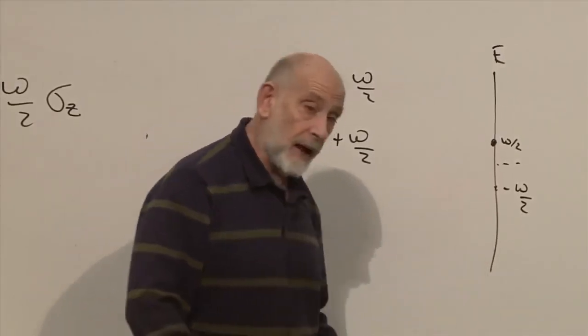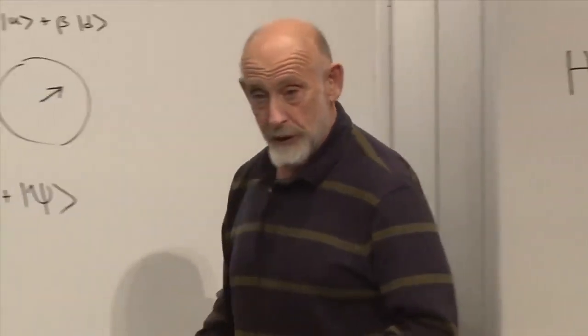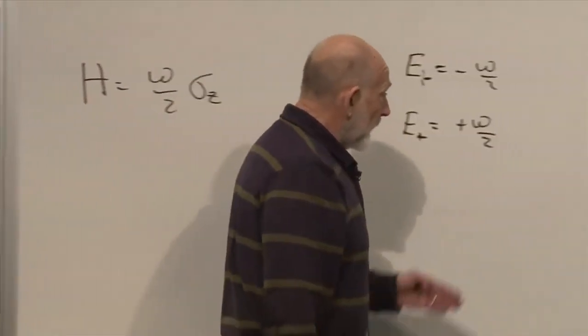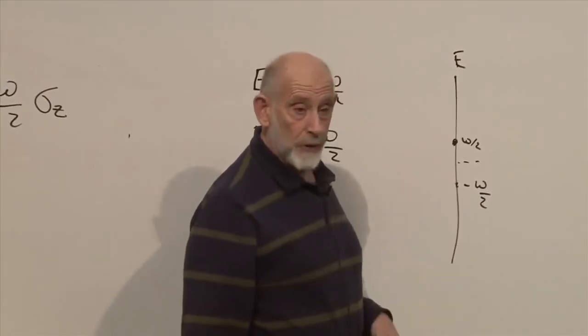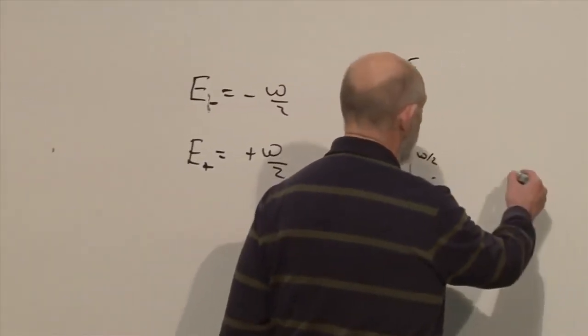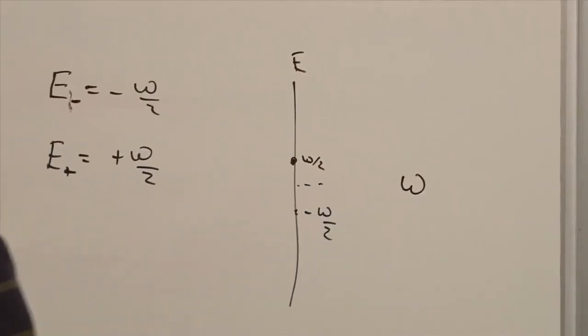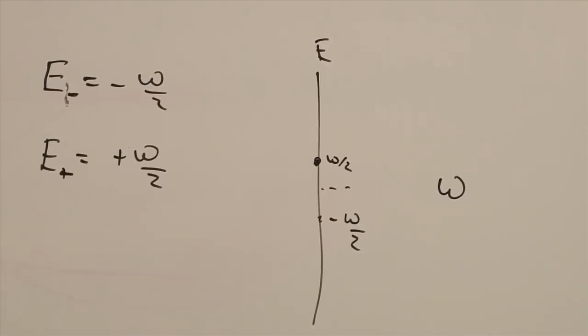If it's in a lower state, obviously it cannot emit a photon, it doesn't have the energy to do it. But if it's in the upper state, it can emit a photon, and that photon will have the energy difference between the upper and lower state, so it will have an energy of omega. Sorry, it will have a frequency, but more important, it will have energy of omega.